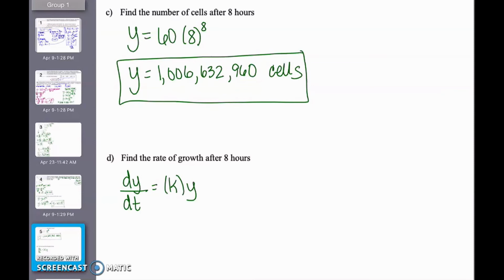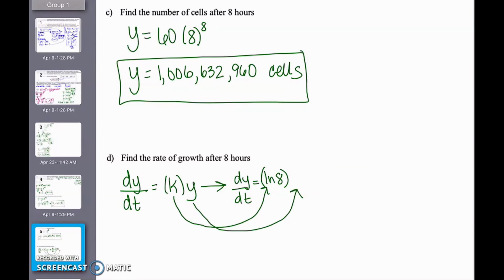But if we want to find the rate of growth after 8 hours, okay, well then dy dt is going to be equal to, we have a k value, that's ln 8, and we have what y is, right?